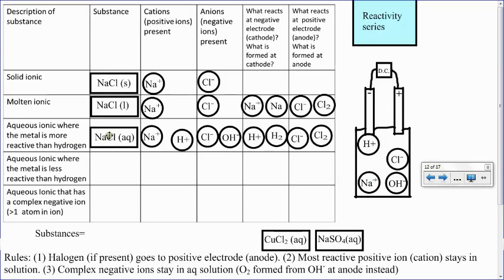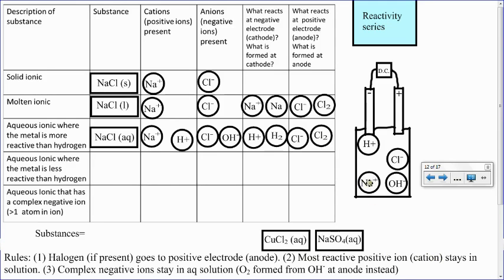So, sodium chloride, aqueous. These ions are also present now from the dissociation of water, and we need to try and apply the rules to work out what's going to react and what is formed at each electrode. It tells us that the halogen goes to the positive electrode. Yes, we've got our halogen here, it's the same as above. Our most reactive positive ion stays in solution. The most reactive was sodium.